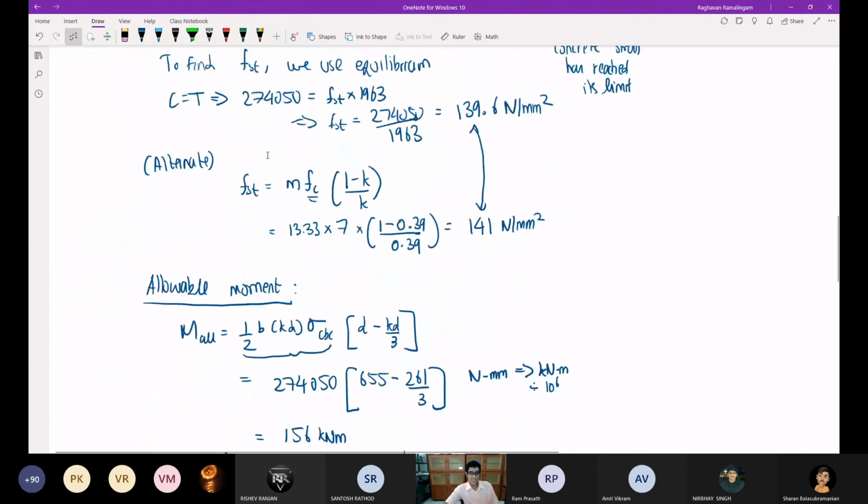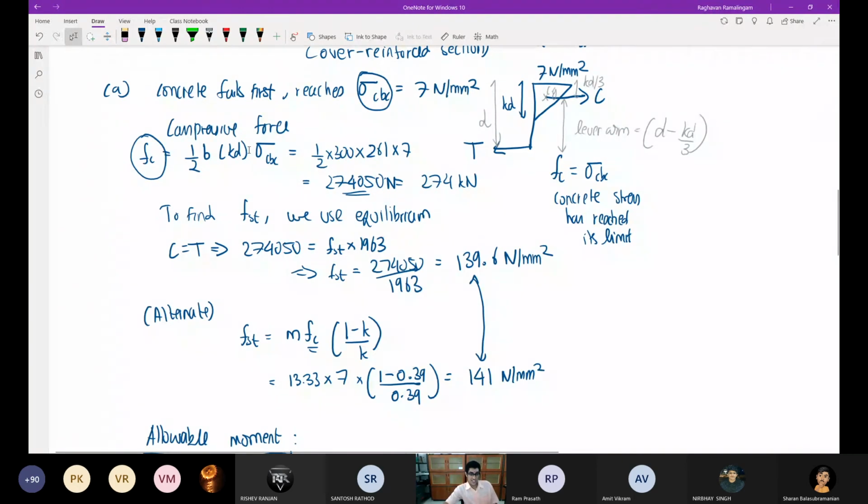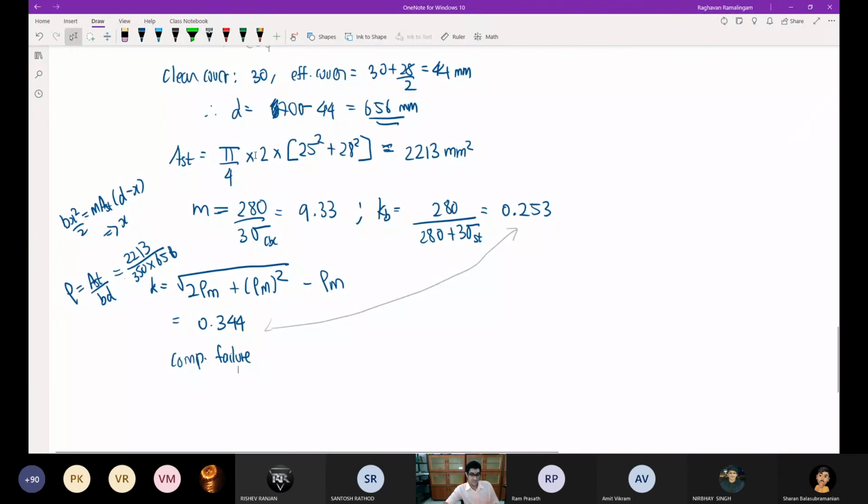So you will say that concrete reaches 10. Okay, so concrete sigma CBC and all those procedures, to find out what it is.